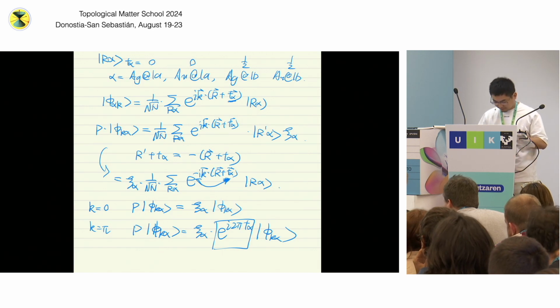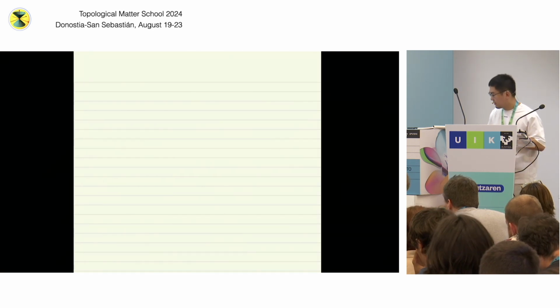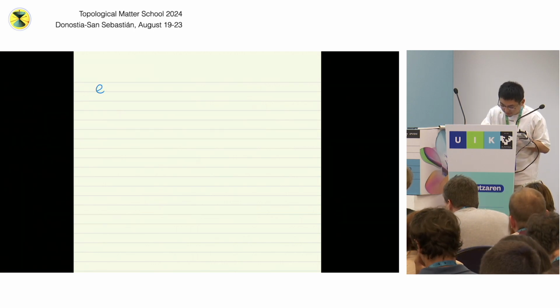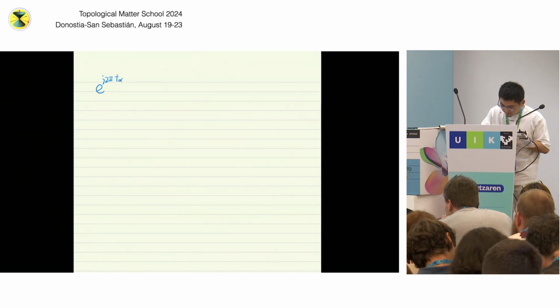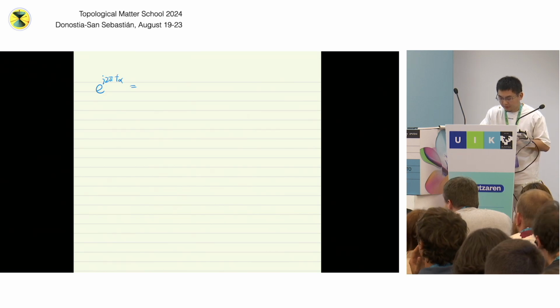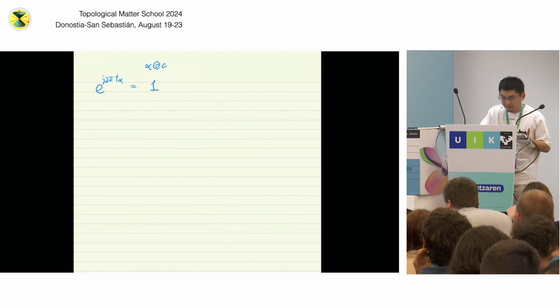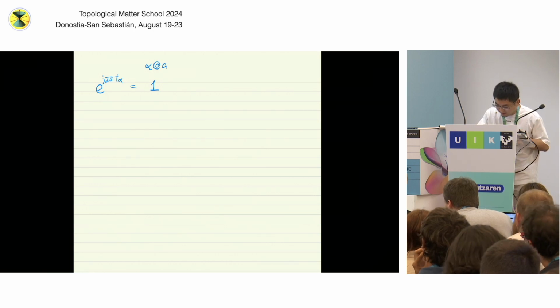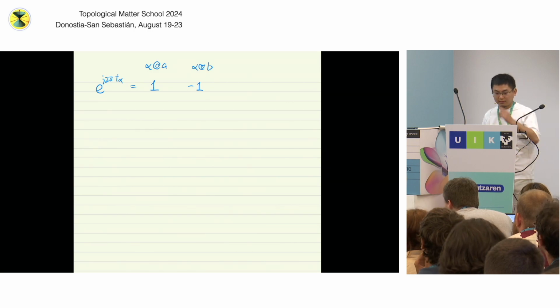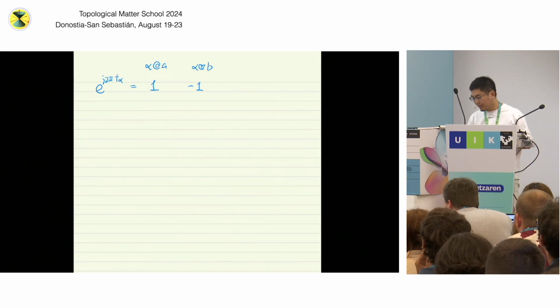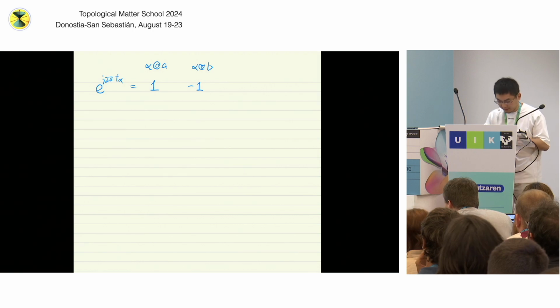And this phase factor is quite simple. It's just 1 if alpha is an orbital at the A position, and it's minus 1 if alpha is at the B position. So now let's do a mapping between the momentum space and the real space.